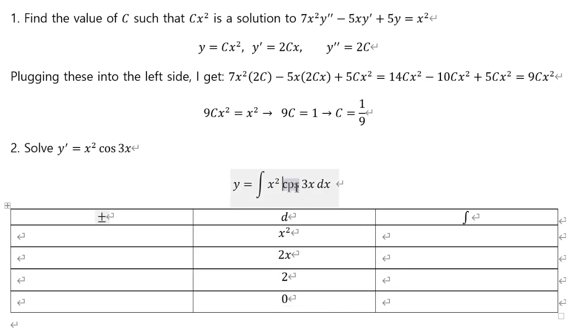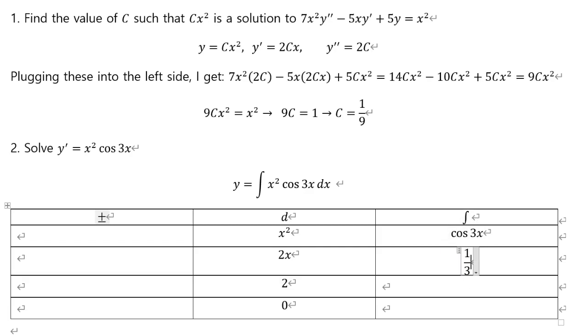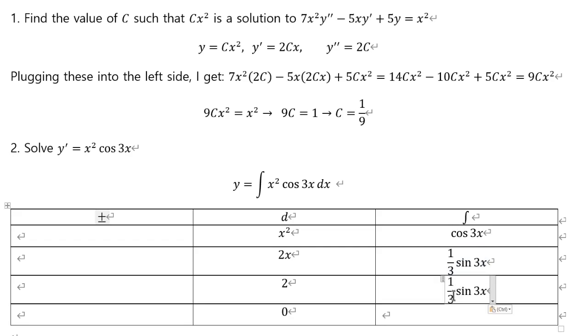On the other hand, cosine 3x has to be integrated, and the integral of that is sine of 3x. But because of this 3 in front, you need a 1/3. So it's 1/3 sine of 3x. And then when you integrate this again, you're going to get negative 1/9 cosine of 3x.